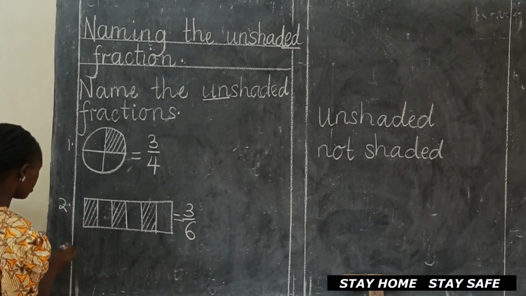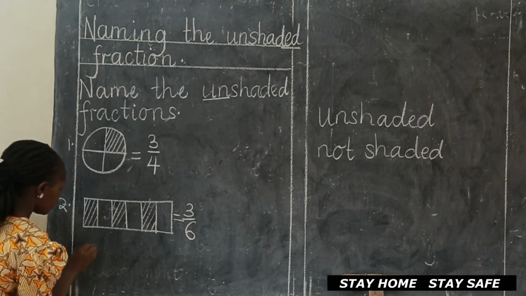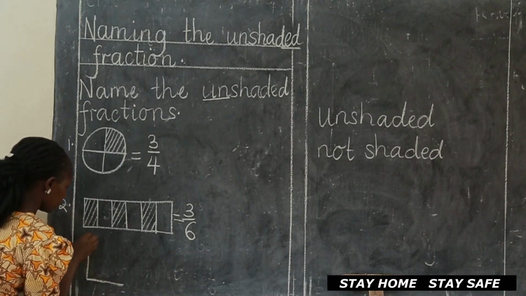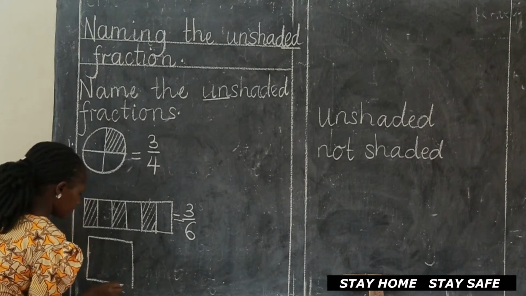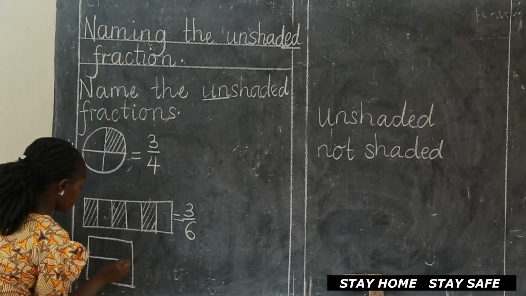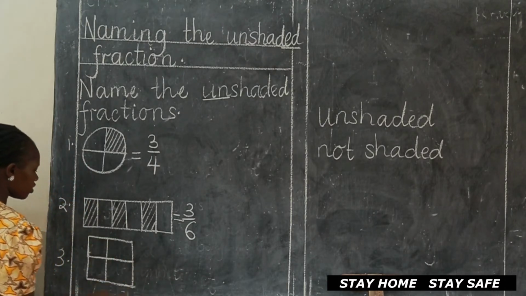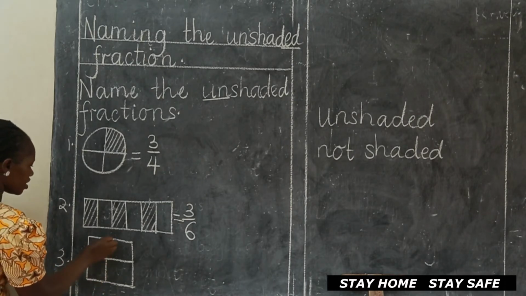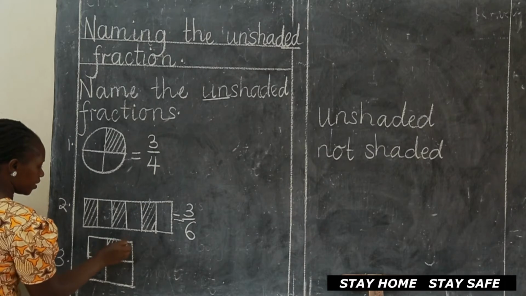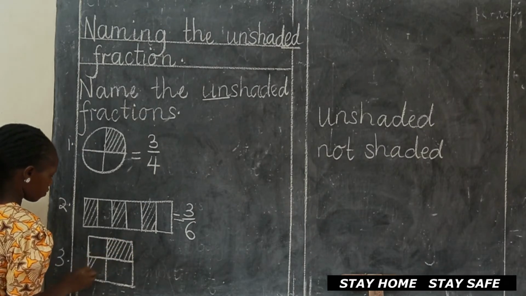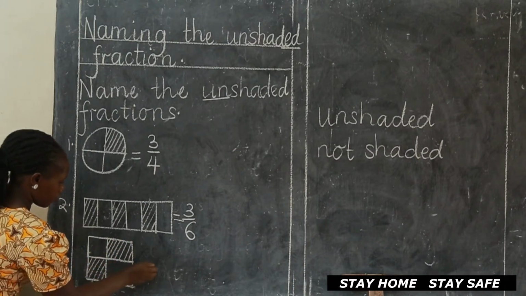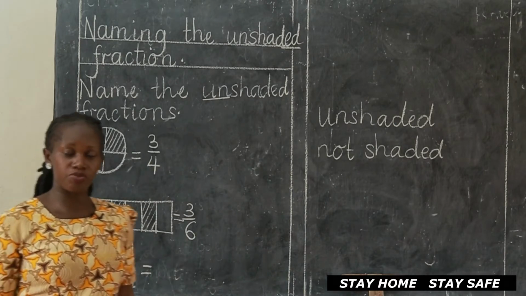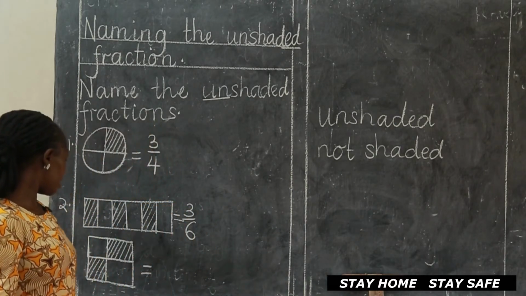One more example. That's my box. I'm going to shade some parts and we see the fraction which is not shaded. Very fast. Can you identify the ones which are not shaded? How many are they?